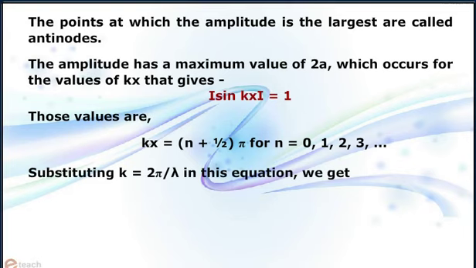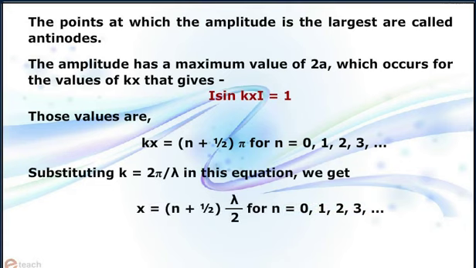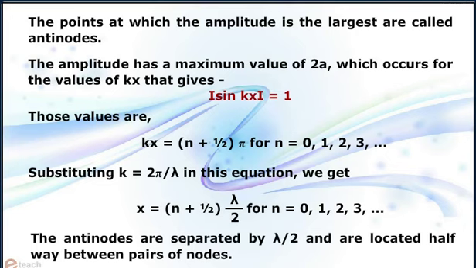Substituting k equals 2 pi by lambda, we get x equals (n plus half) lambda by 2 for n equals 0, 1, 2, 3 and so on. The antinodes are separated by lambda by 2 and are located halfway between pairs of nodes.